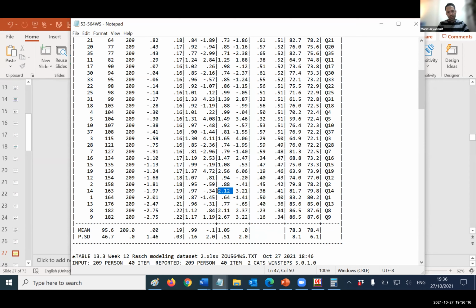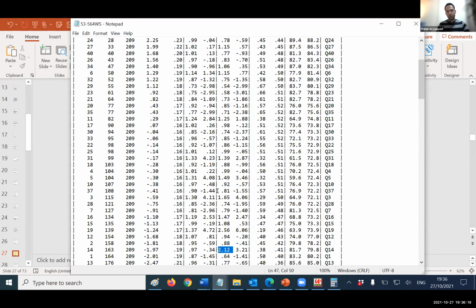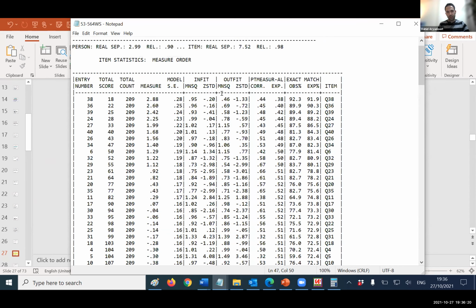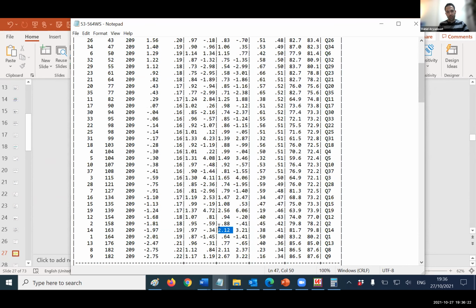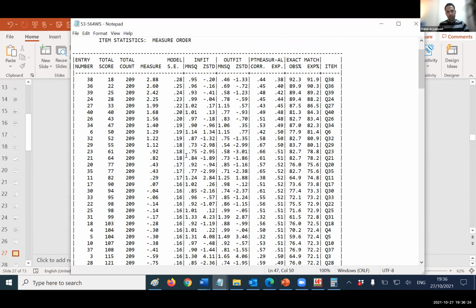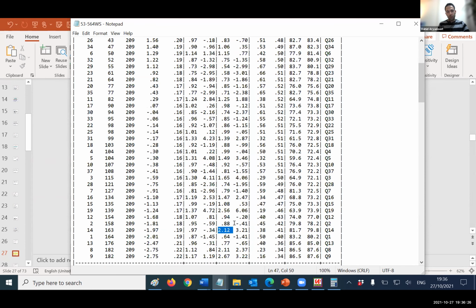Yes. You see, while the outfit is a bit problematic for some items, infit is still fine. Now some details, by the way, you can note this down. One of the reasons why outfit sometimes goes crazy is that a very easy item is missed by high ability people.